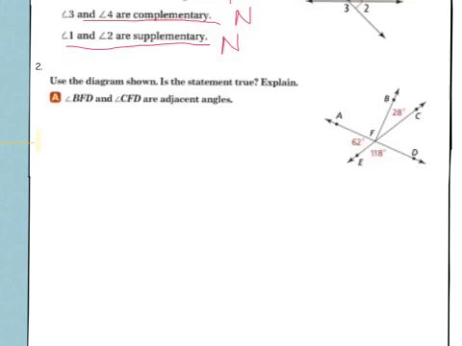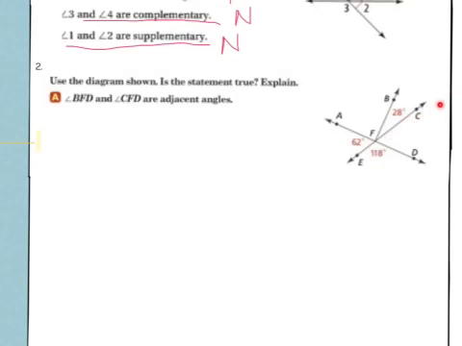Number 2, it says, use the diagram shown. Is the statement true? Explain. Angle BFD and angle CFD are adjacent angles. Okay. It says, is this statement true? Explain. So here's BFD and CFD. It looks like they share a common point, okay?